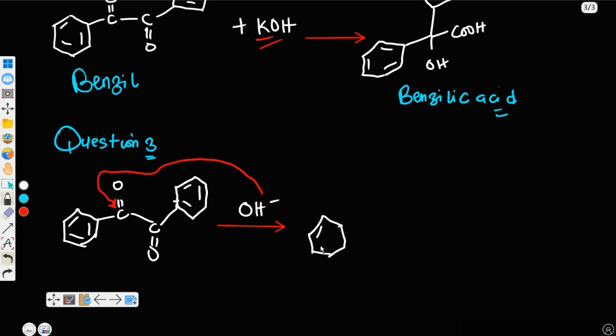You should be very careful of the way you draw this. Of course this is carbon. Now as the OH is coming here, the valency of carbon will exceed 4, so this one will come up here, right? So what are you going to form? You're going to form O negative, and here you are going to have the OH attached. This OH is what is coming here. Is that okay?